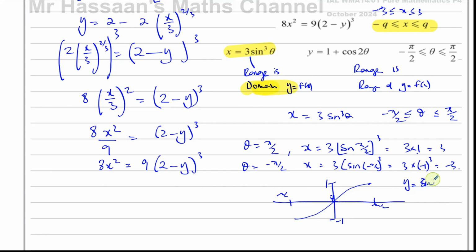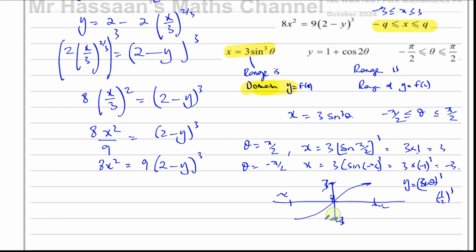Now if you do sine theta cubed, this number is going to get cubed, that number is going to get cubed, that's going to stay 1, that's going to stay minus 1, and all the other values are going to get smaller because they're all fractions. For example, if I take a half and cube it, it's going to become 1 over 8, even smaller. So these values are going to get smaller, but they won't go higher than 1 or lower than minus 1. And then when you multiply by 3, it's going to become 3 and minus 3.